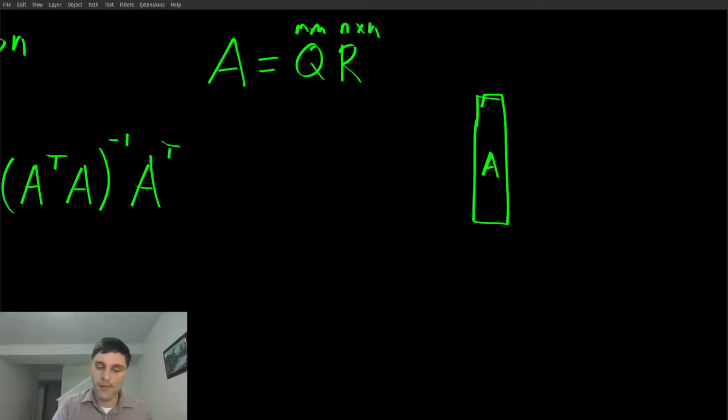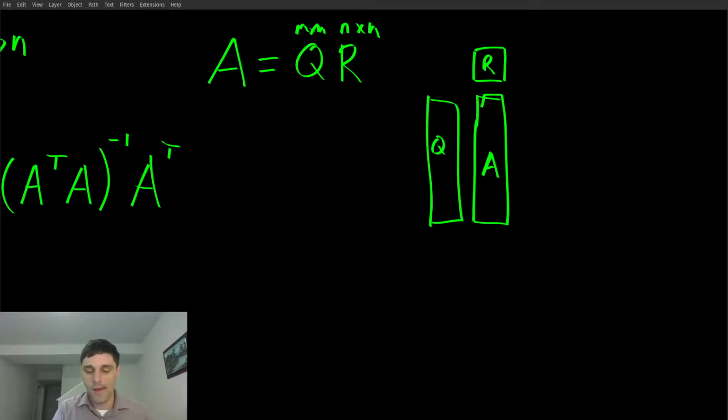So we end up with a picture that looks kind of like this. Here's our Q, and here's our R.